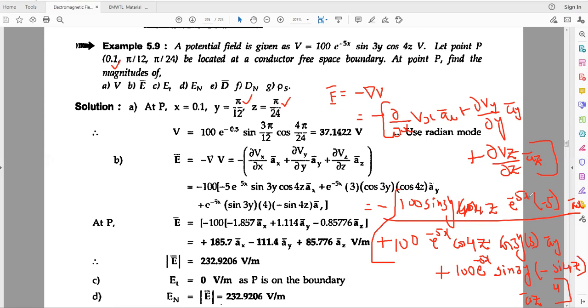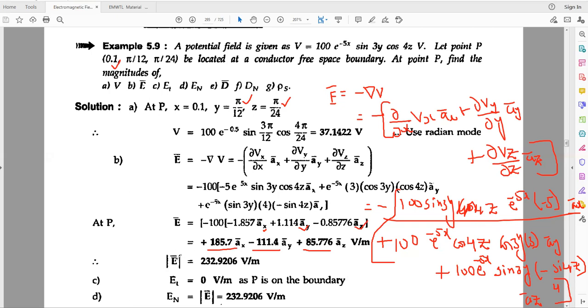Find this value here. Substitute all the x, y, and z values in this equation and find the coefficients of Ax, Ay, and Az bar. The Ax bar coefficient is 185.7, minus 111.4, and plus 85.77 is the Az bar coefficient.